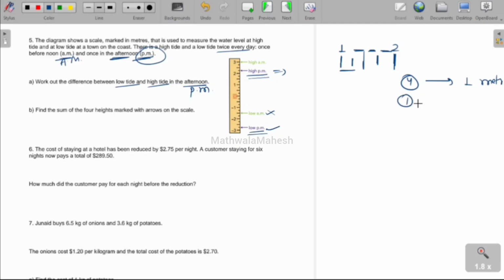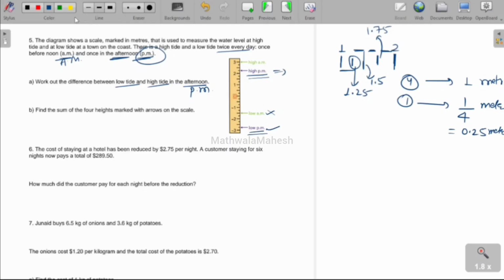So the gap of 1 is 1 by 4 meter, 1 by 4 is 0.25 meter. That's why each line is 0.25 meter. So this one is 1, then this is 1.25, this line is 1.5, and this line is 1.75, and this one is 2.